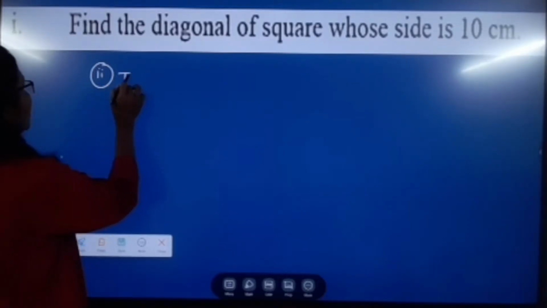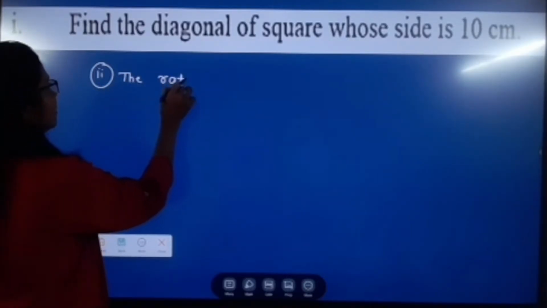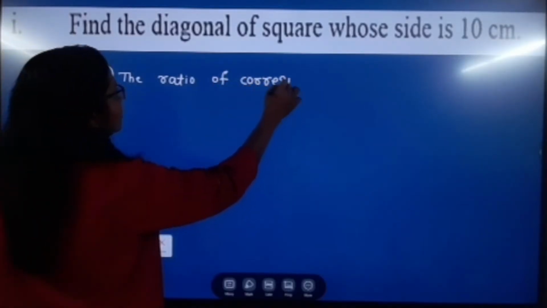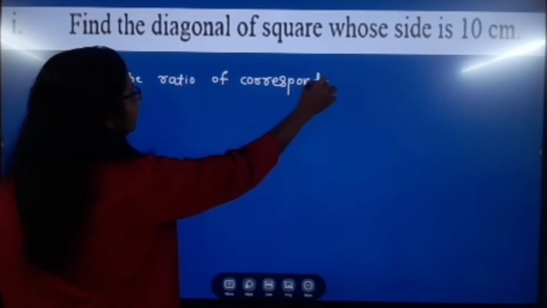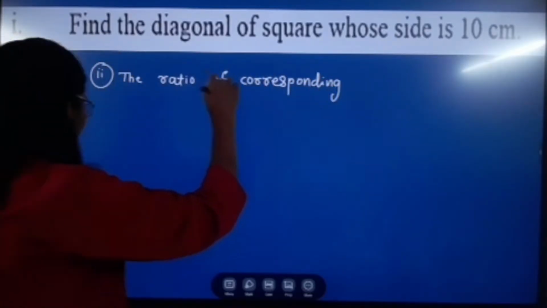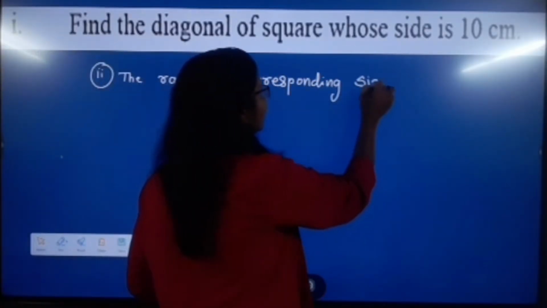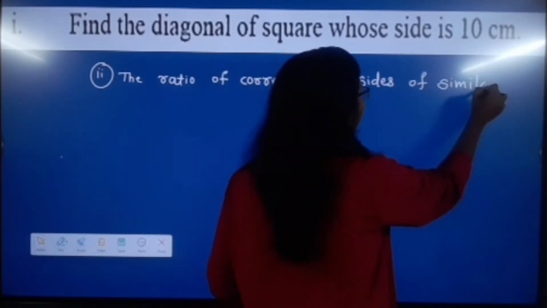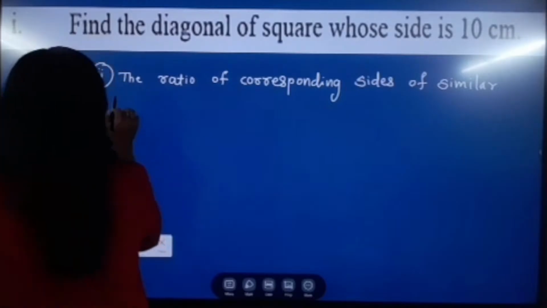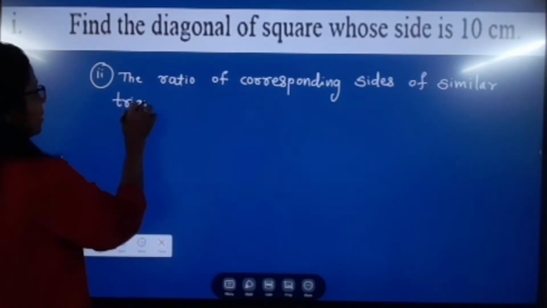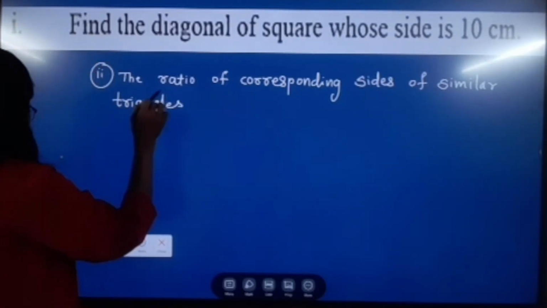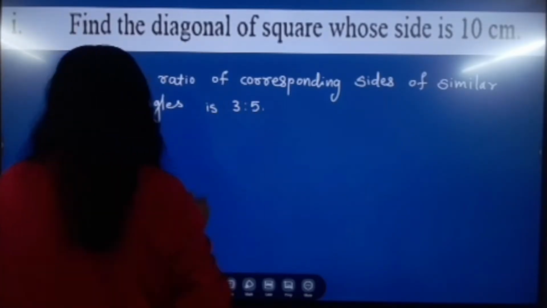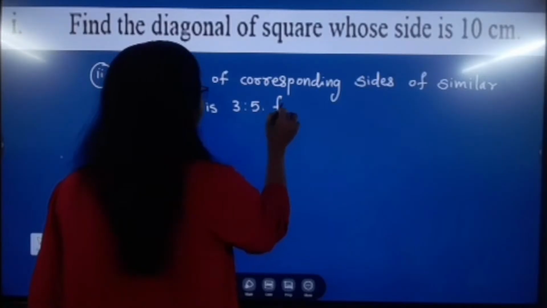The ratio of corresponding sides of similar triangles is 3 is to 5.